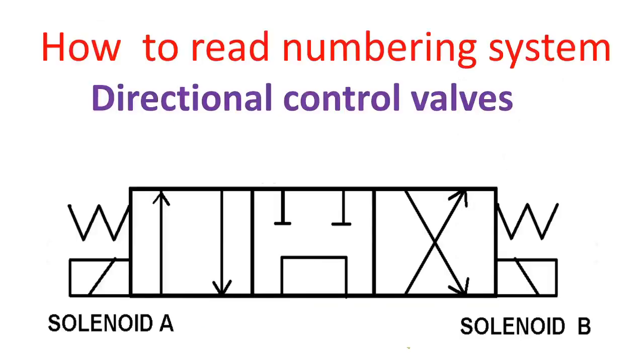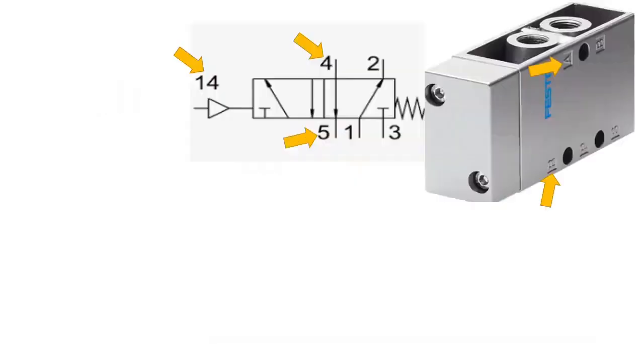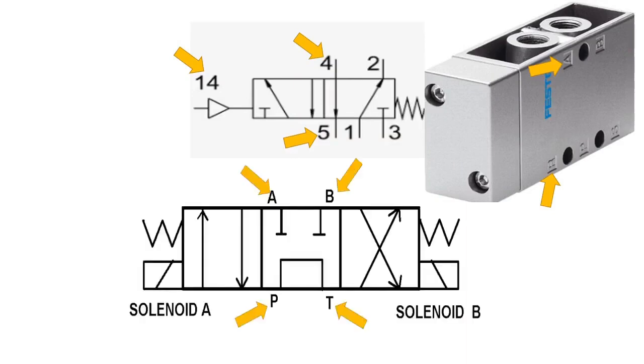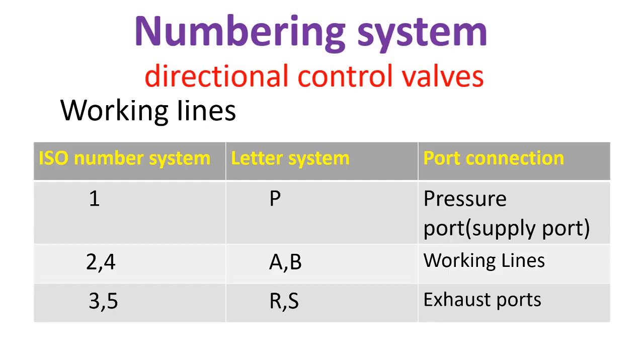Our next topic is how to read the numbering system of directional control valves. If your directional control valve uses numbers or letters for its port directions, here's the equivalent for the numbers and letters. Number 1 and letter P are the pressure port or supply port. Numbers 2 and 4, or A and B, are working lines.